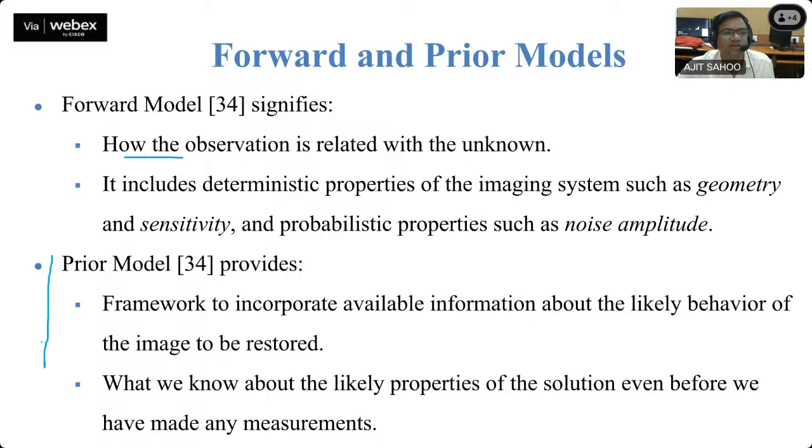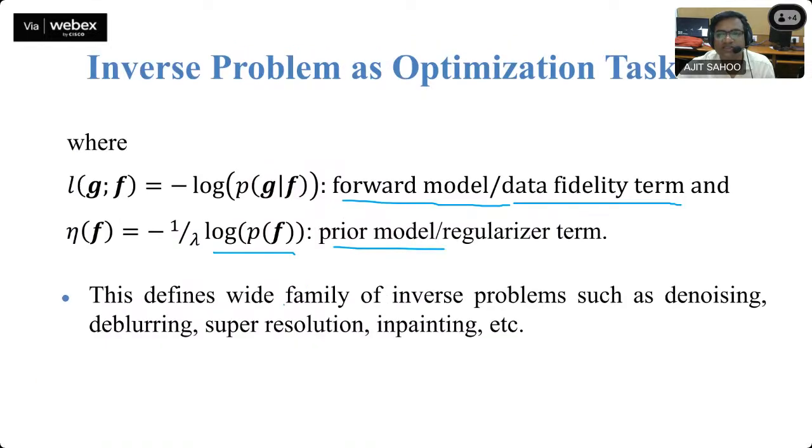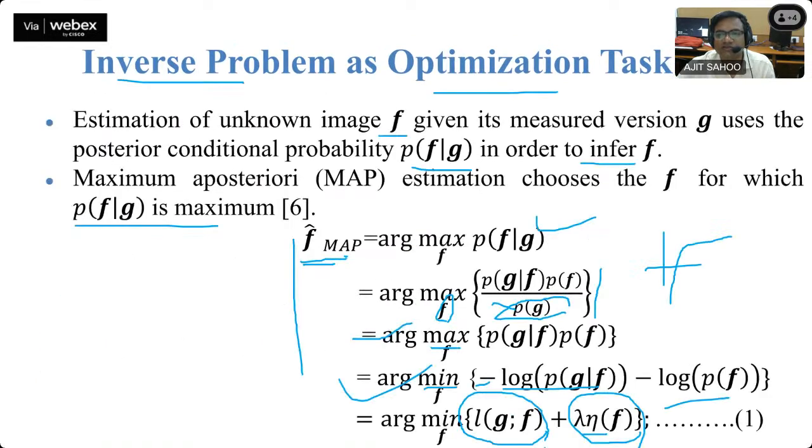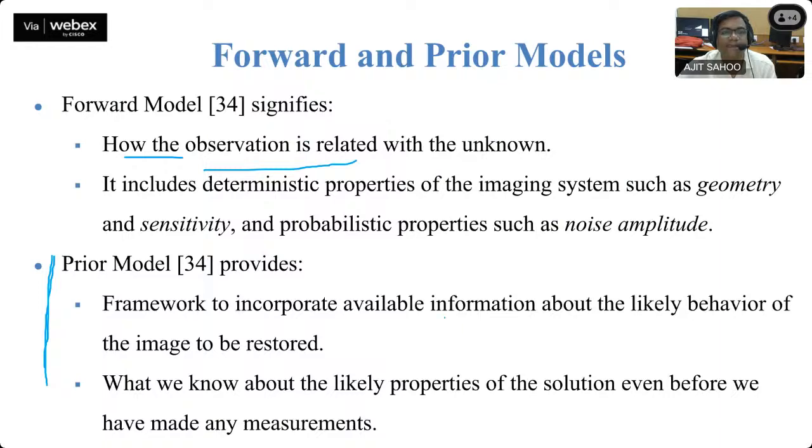So prior means you have some prior knowledge about the model, and you insert it. Here LGF, that is minus log p, is the forward model, and this is the prior, or regularizer.